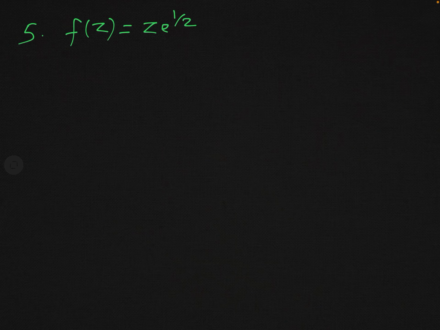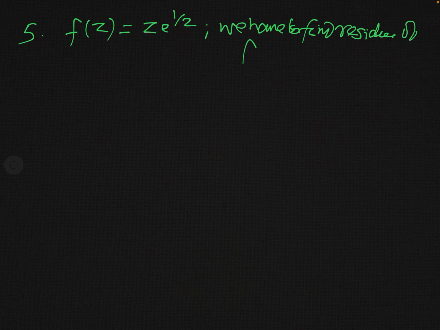Now let us take another important example. Here the function f of z is equal to z into e to the power 1 over z, and we have to find the residue of this f of z.